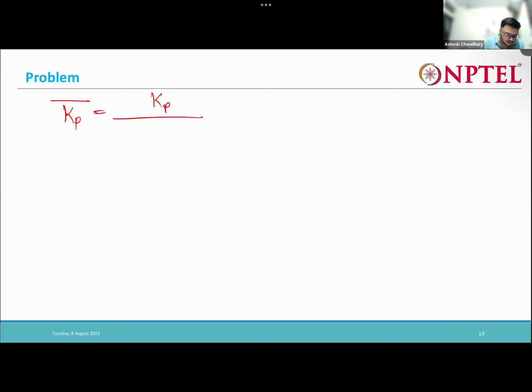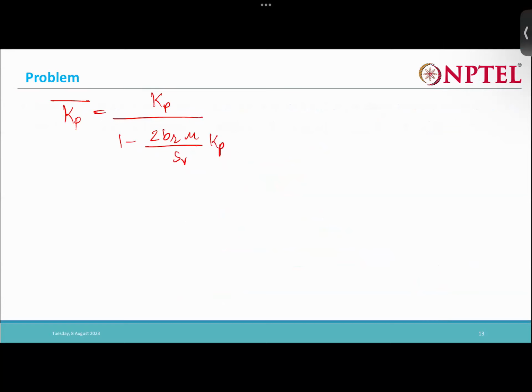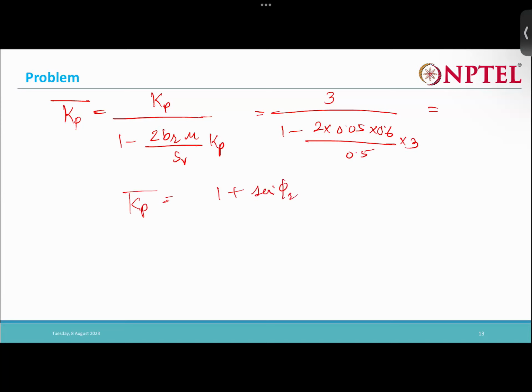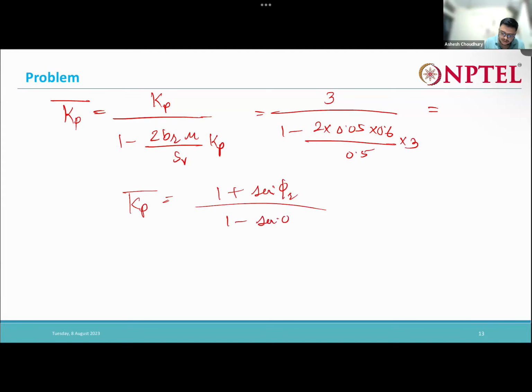So please find this out. Kp bar is equal to 1 plus sin phi r by 1 minus sin phi. From there, we can calculate sin phi r to be something.